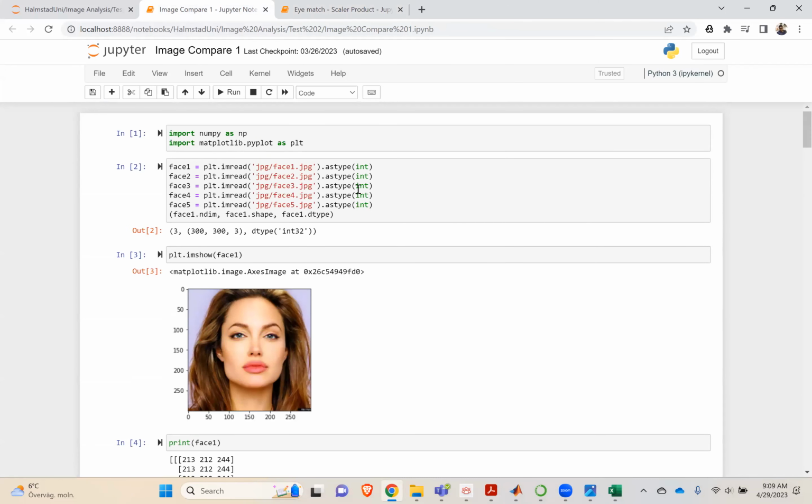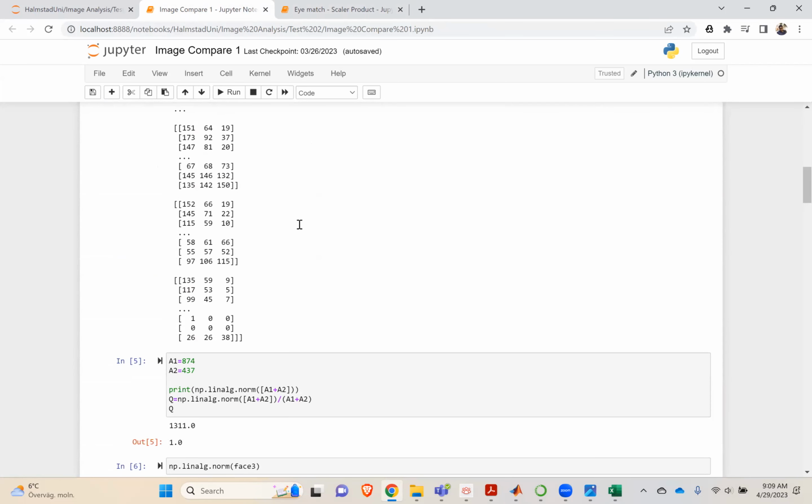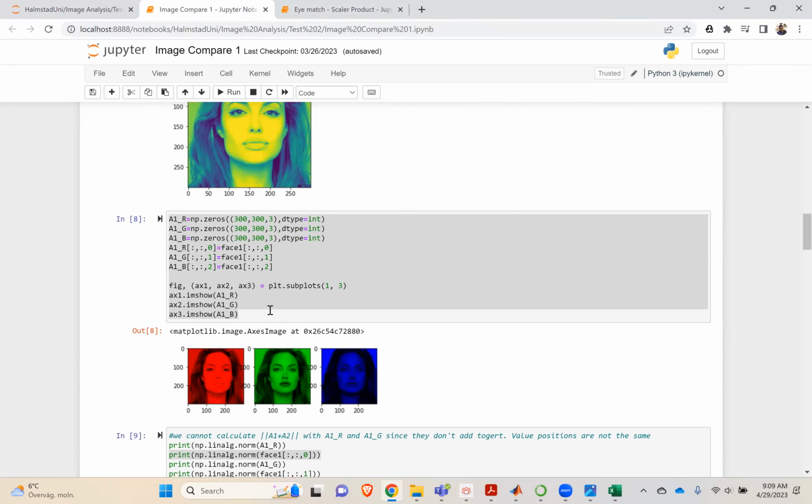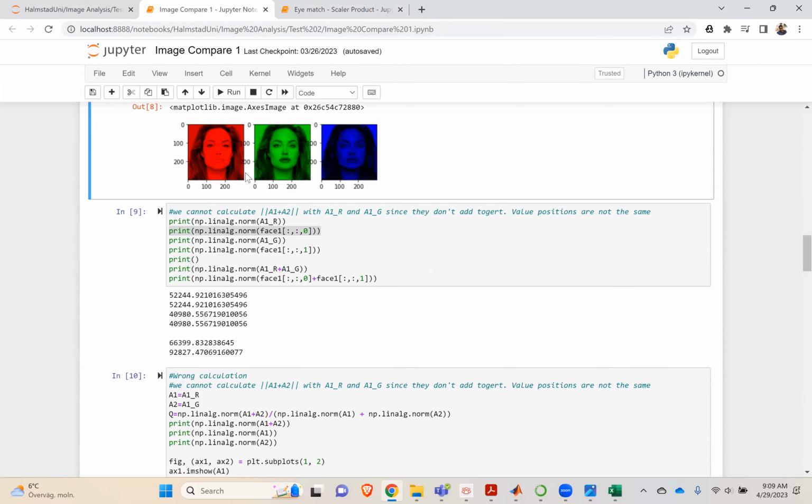So I imported a couple of faces. Then I extracted the same person's red channel, and I'm comparing this red channel with the green channel. You know, these images have 3 dimensions.